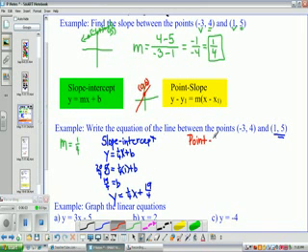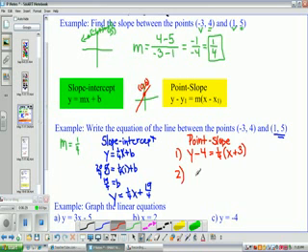Point-slope form. You choose one of the two points. So one possible answer is y minus first y equals the slope times x minus the first x, and minus a negative 3.